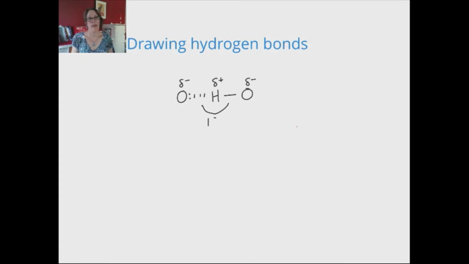And the third thing is that there should be a 180-degree bond angle around that hydrogen, because what's really happening there is that the hydrogen is essentially being shared between those two oxygens. It's almost like the oxygen on the left is making a dative bond to that hydrogen because that hydrogen has had so much of its electron density pulled away from it that it's almost like a hydrogen ion.